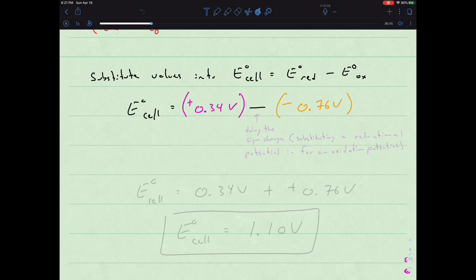And remember that our minus sign is doing the sign change in terms of substituting a reduction potential in for an oxidation potential.